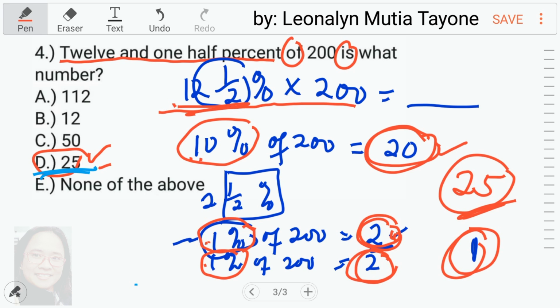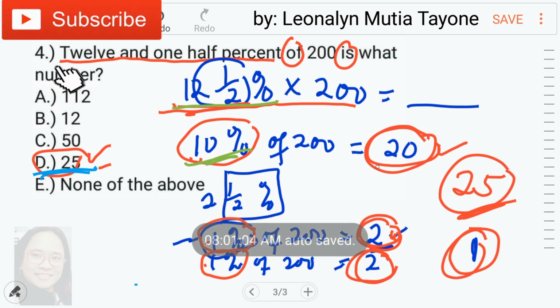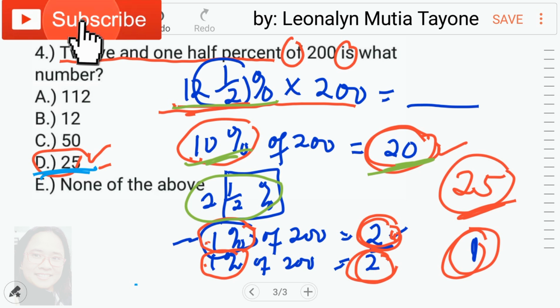I-recap ko lang para sa mga nalilito. 12 and 1/2%. Isa-isahin lang natin. Doon muna tayo sa 10% of 200. That is 20. So, meron pa tayong 2 and 1/2%. Ang 1% of 200 ay 2. So, dalawang 2, kasi 2% of 200, that is 4.